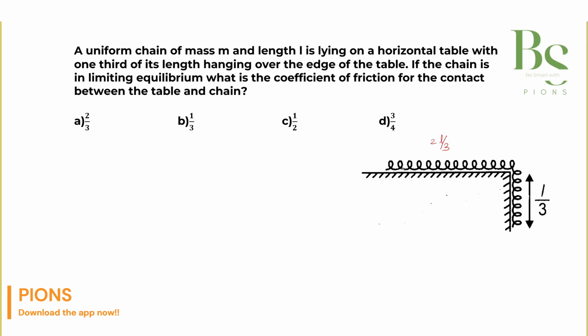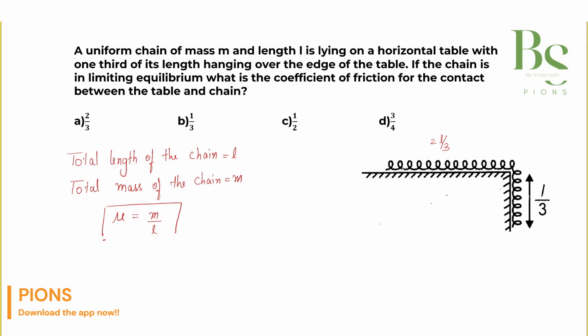If this is L by 3 and that is 2L by 3, the total length of the chain is L, and the total mass of the chain is M. So mu, which we call mass per unit length, will be equal to M by L. Mu is mass per unit length.